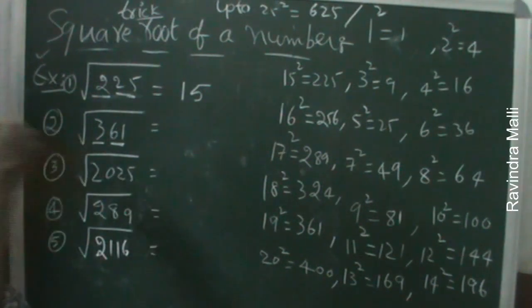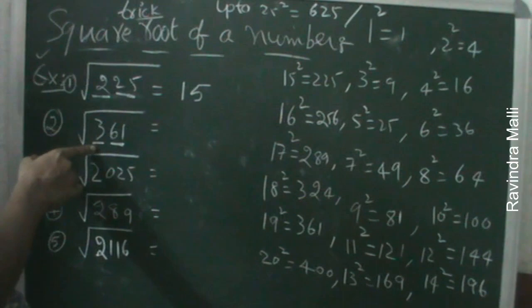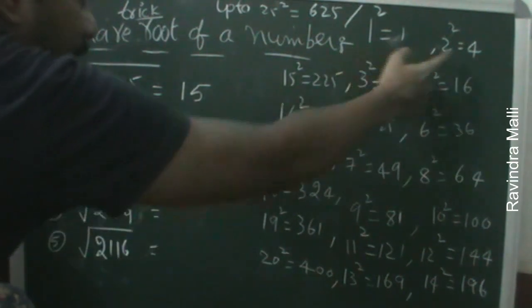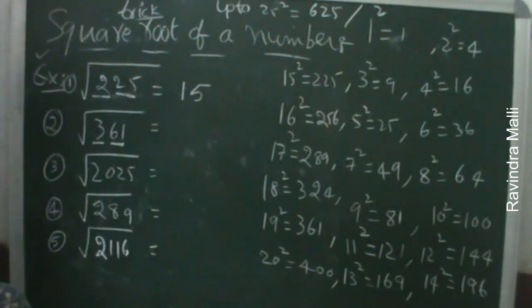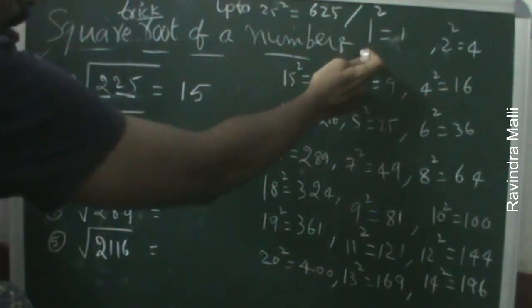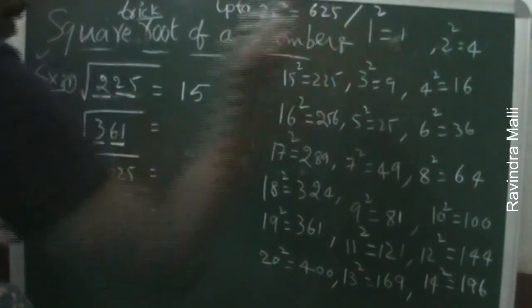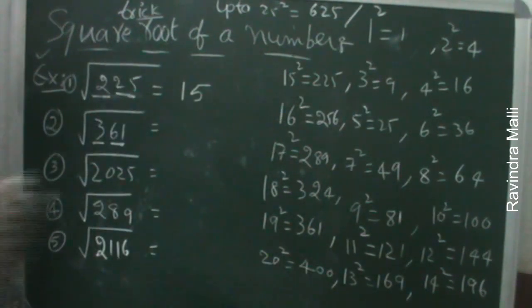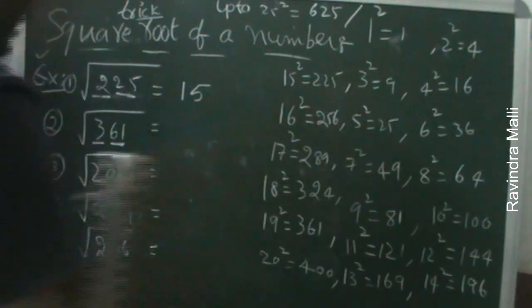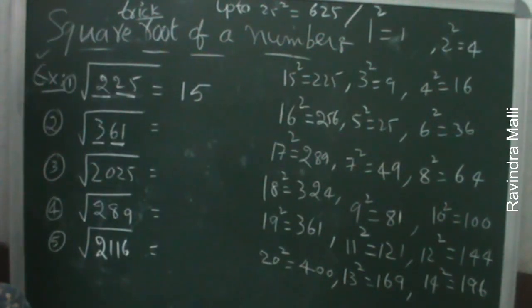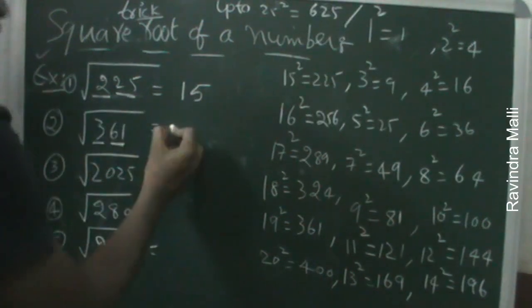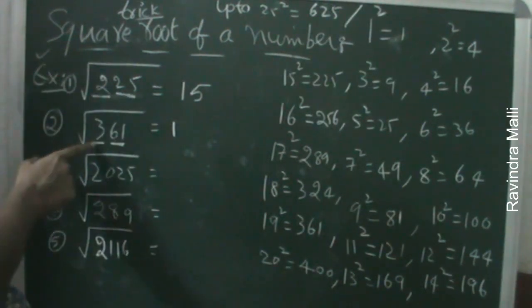Find the root of 3. I am going to consider either 1 squared or 2 squared. If I take 1 squared, it is 1, an approximate value. If I take 2 squared, it is more than 3. So I consider 1. The square root of 3 is 1.